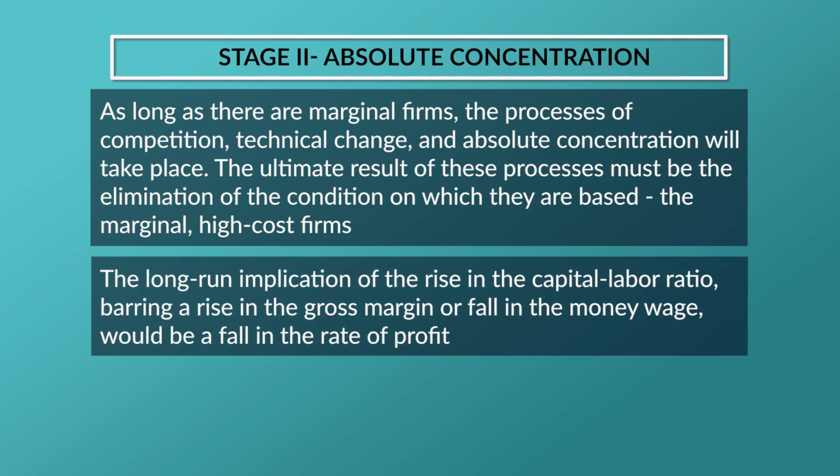So, as long as the marginal firms exist, the process of competition, technical change, and absolute concentration will go on taking place. The ultimate result of these processes must be the elimination of the conditions on which they are based, that is, the marginal high-cost firms. The long-run implication of the rise in the capital-labor ratio, barring a rise in the gross margin or a fall in the money wage rate, would be a fall in the rate of profit.